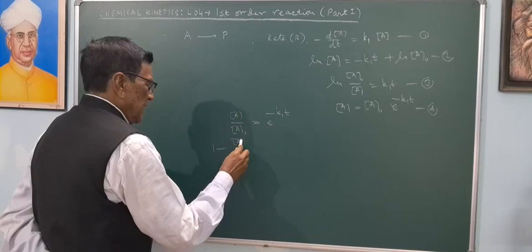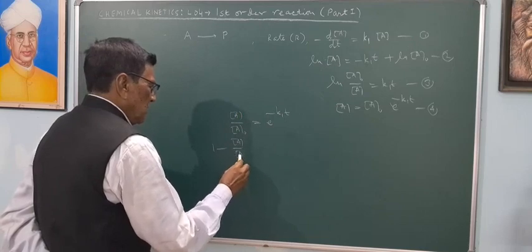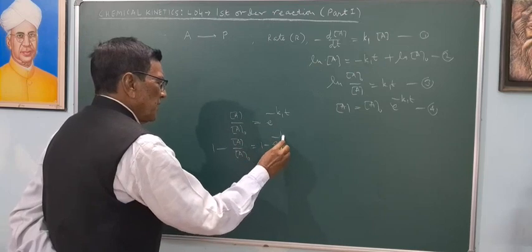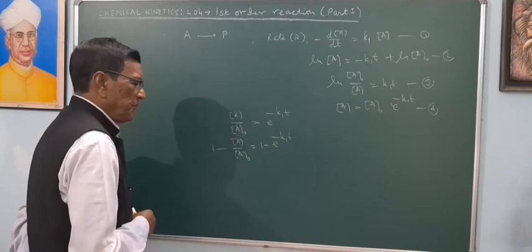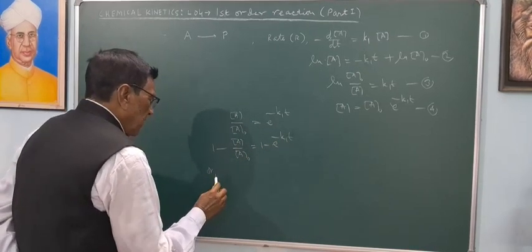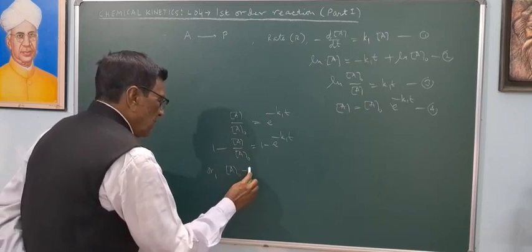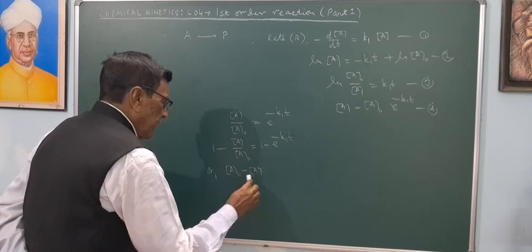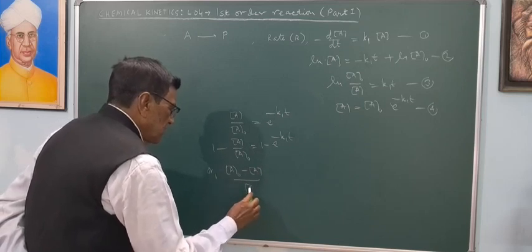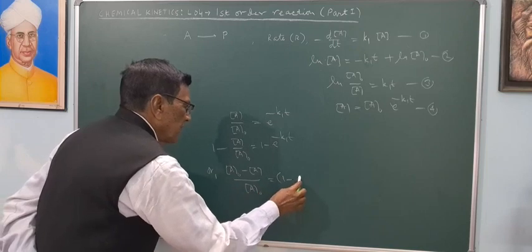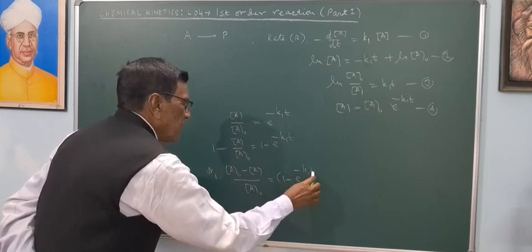This is A, and A naught equal to 1 minus e to the power minus K1T. Or you can write concentration of A naught minus concentration of A divided by concentration of A naught equal to 1 minus e to the power minus K1T.